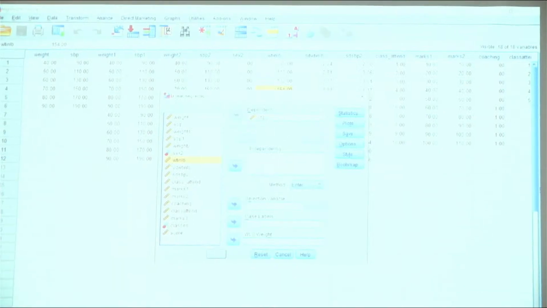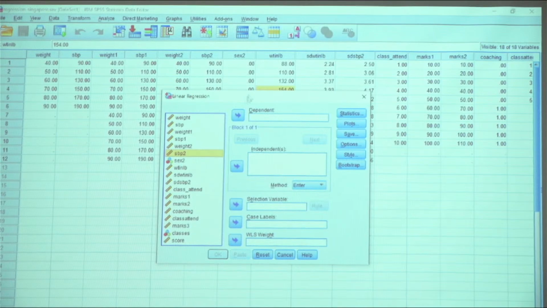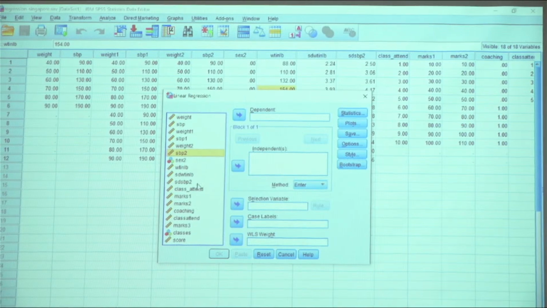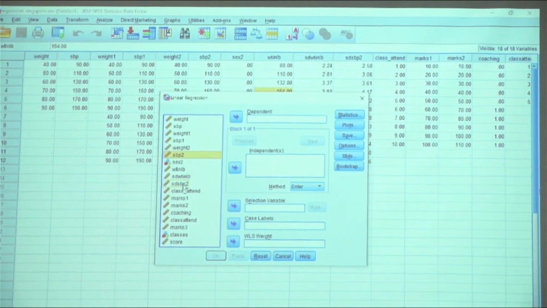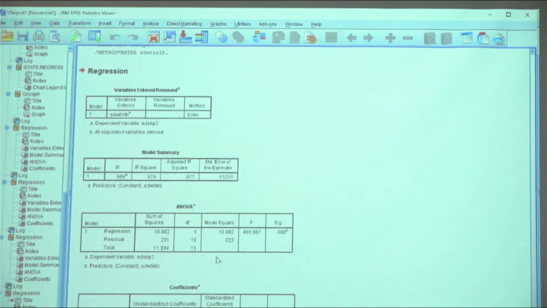I'm going to remove this and this also. I'm going to use a different unit, now already converted into standard deviation units. So there is standard deviation, BP2, standard deviation. I think that will be enough just to illustrate the point.